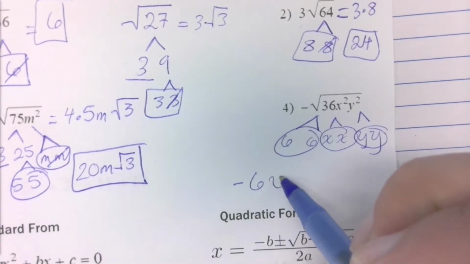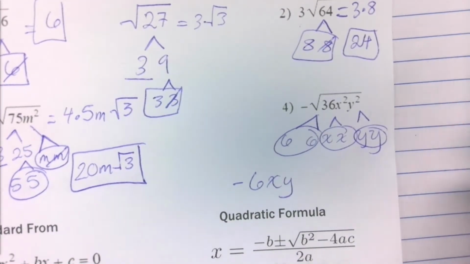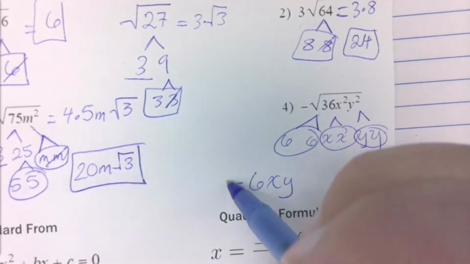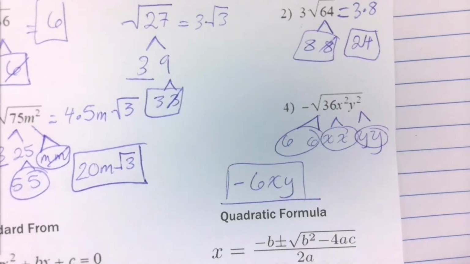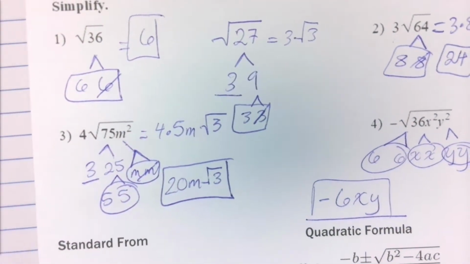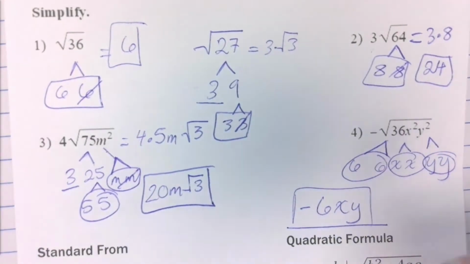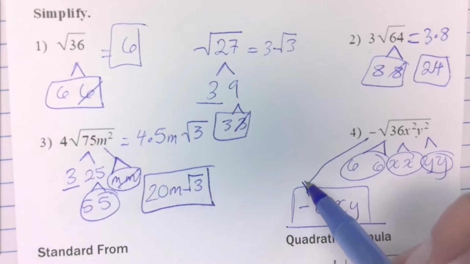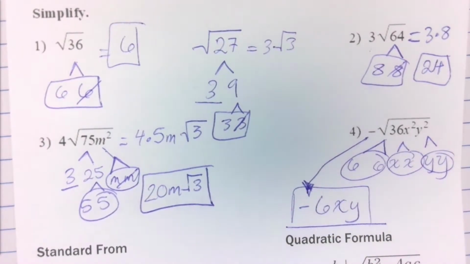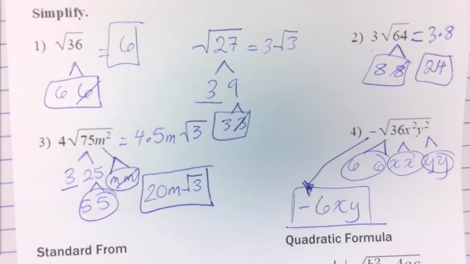The 6 comes, the x comes, the y comes. Do I have anything left on the inside? No. So this is my whole answer. Yep, negative 6xy. Because there was a negative on the outside. That negative is coming down.